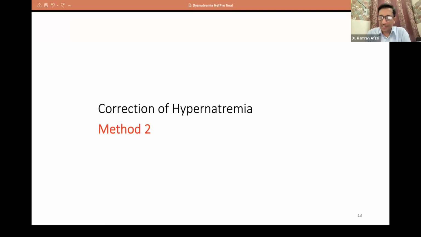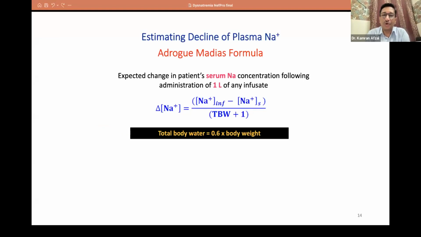So the second correction method is that you decide upon the fluid that you need to give and then calculate how much sodium change would be expected if you use 1 liter of that fluid. So if you use 1 liter of a fluid that contains X amount of sodium in it, then the sodium in the infusate minus the plasma sodium, divided by the total body water plus 1, gives you the change in sodium that would happen with 1 liter of this infusate.